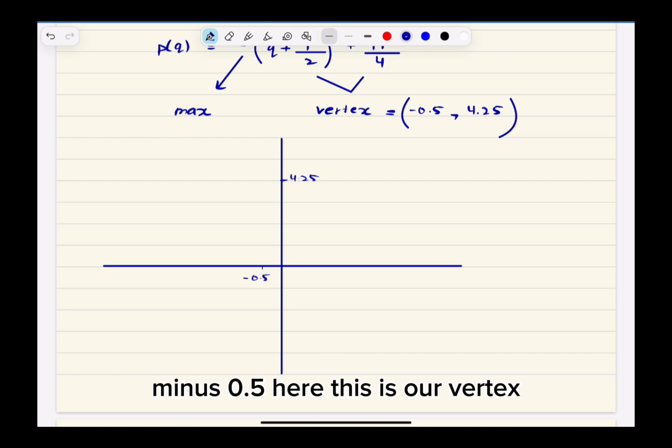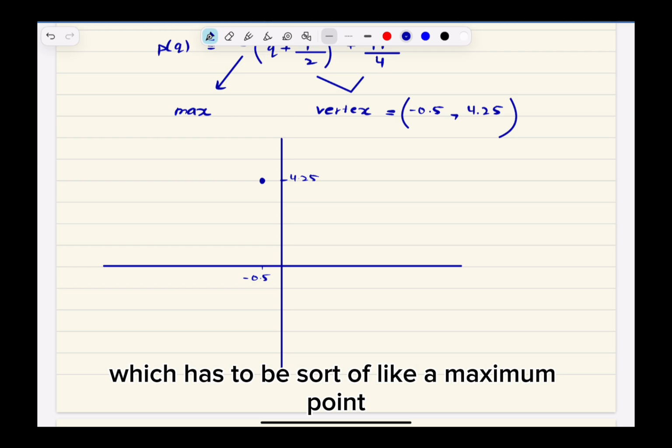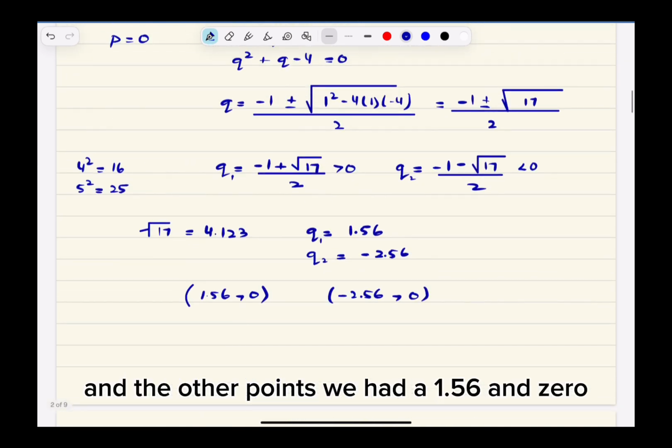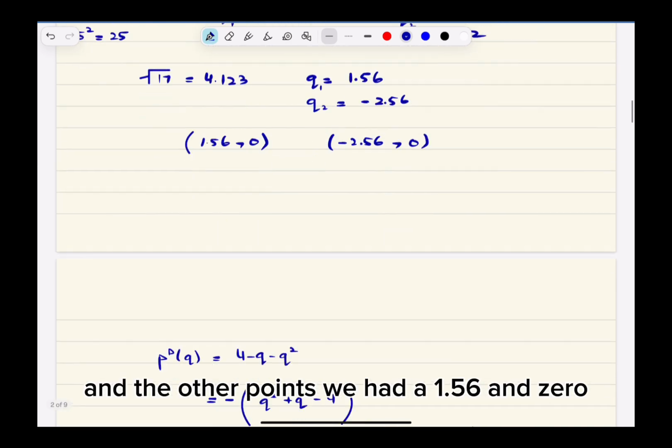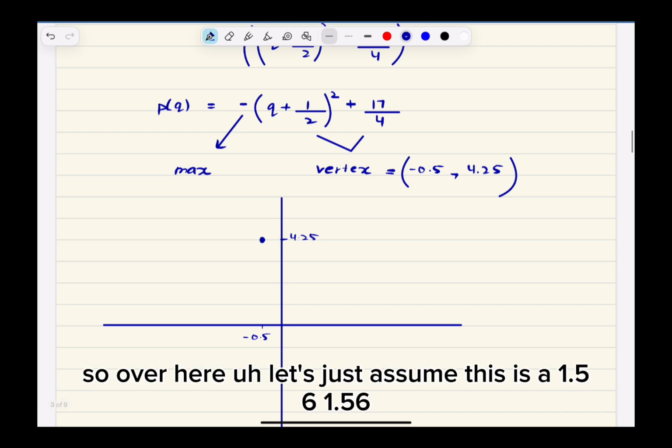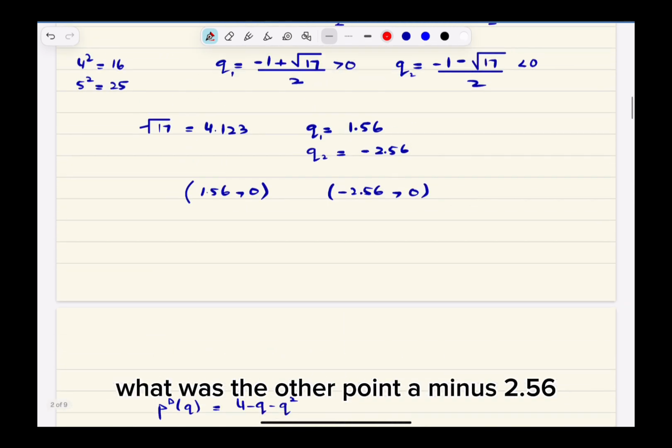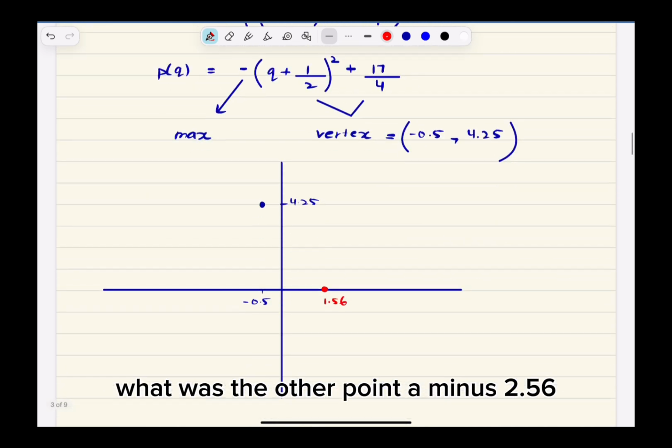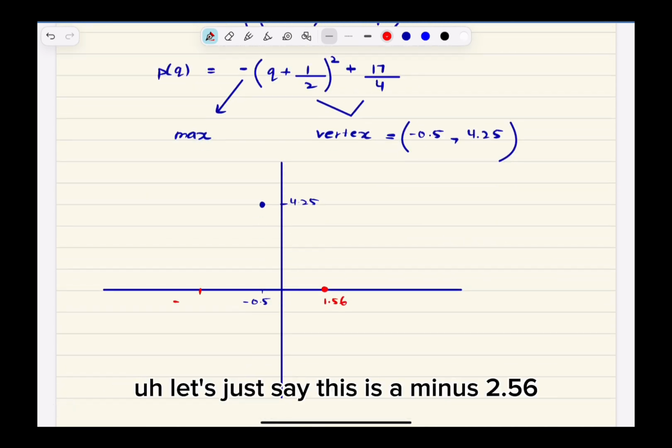This is our vertex, which has to be a maximum point. And the other points, we had 1.56 and 0. So over here, let's just assume this is 1.56. What was the other point? Minus 2.56. Let's just say this is minus 2.56.